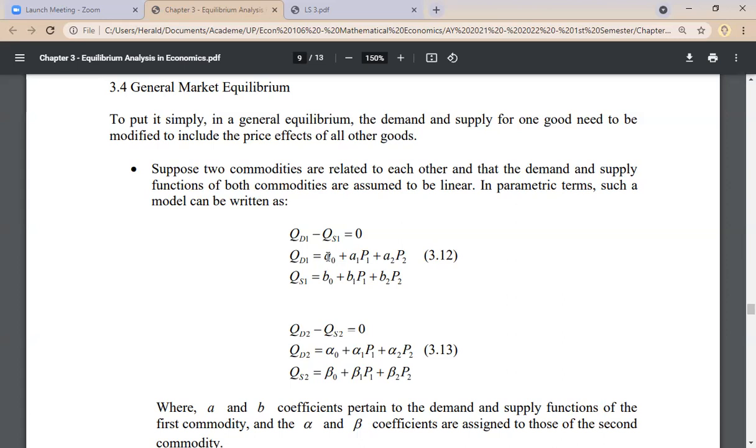I'll call on Benavides. What's a substitute good first, and what are examples?